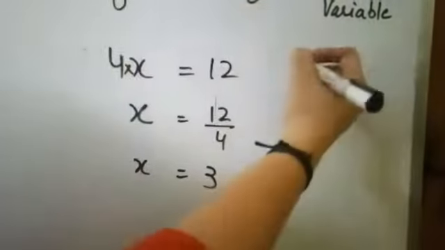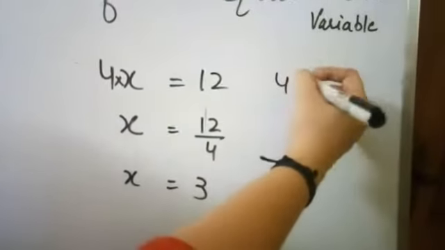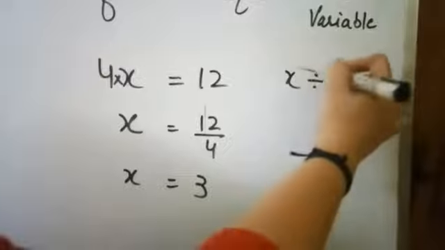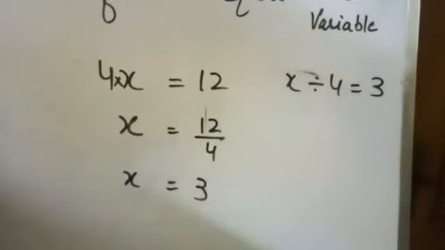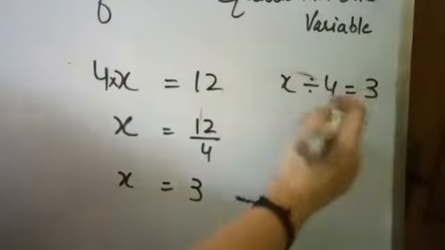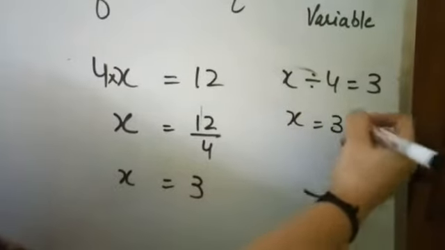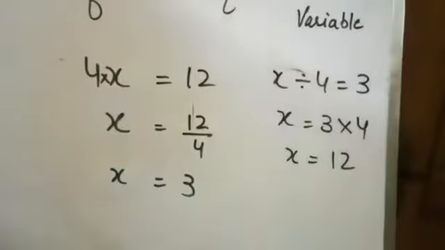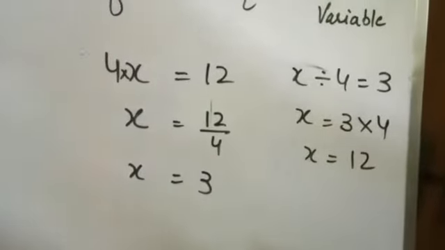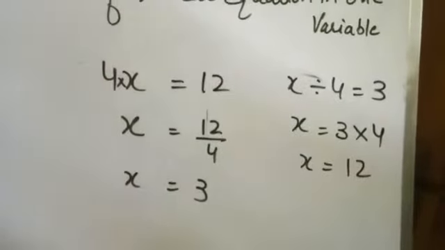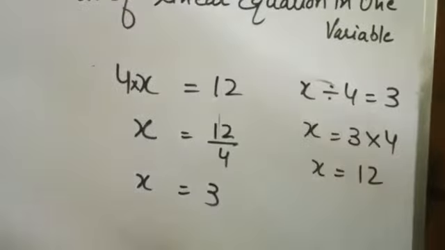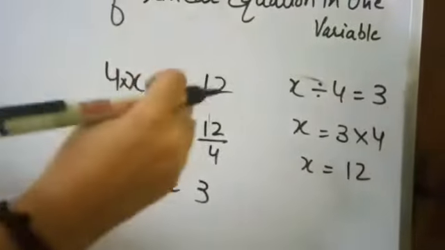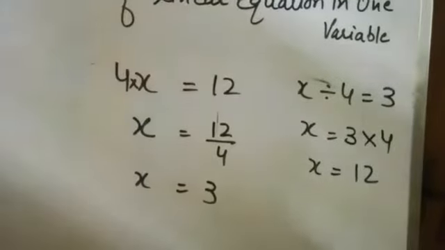And if x divided by 4 is equal to 3, now if you are shifting this 4 to RHS, this division sign will go for multiplication and the value of x will be 12. So you have to keep this in your mind: plus changes to negative, negative changes to positive, multiplication changes to division, and division changes to multiplication.